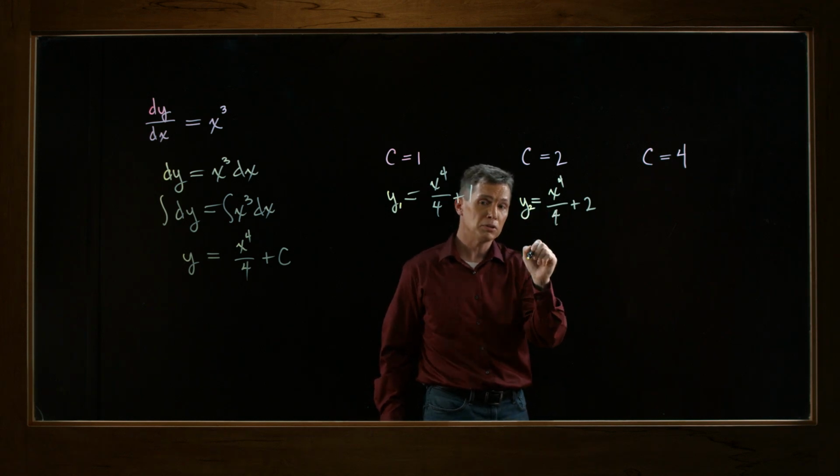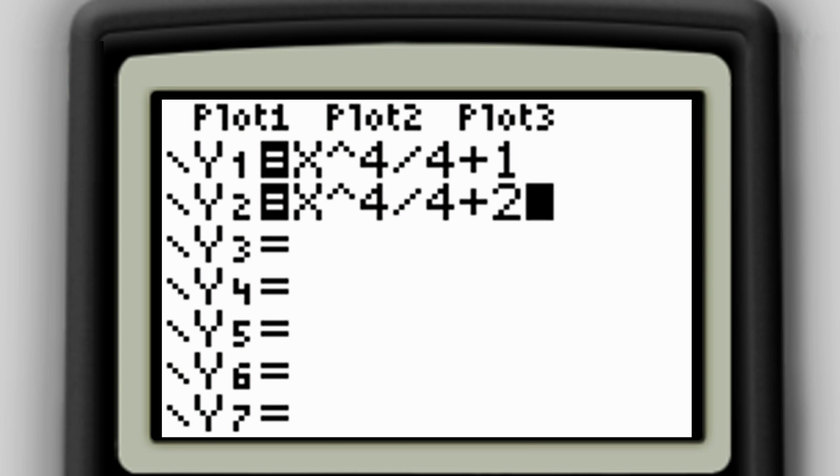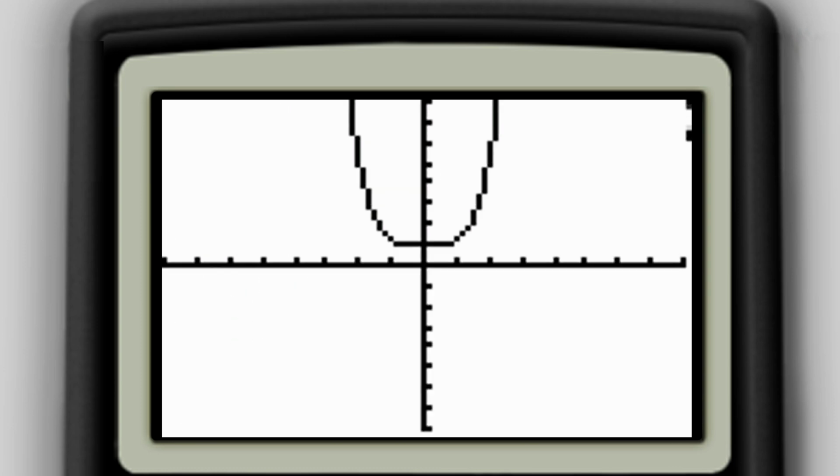So we're going to go to the graphing utility now and hit y equals. But in the second line for y sub 2, let's enter x raised to the fourth divided by 4 plus 2. If you want to go ahead and hit graph, you'll see how the first two of these particular solutions compare to each other. Both same shape. One is just a vertical shift from the other.